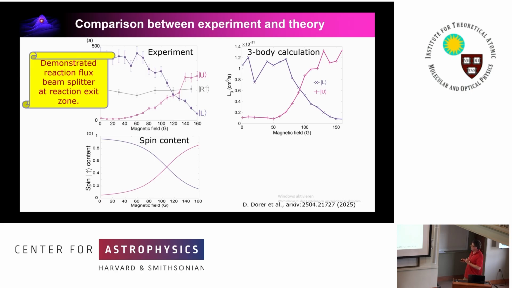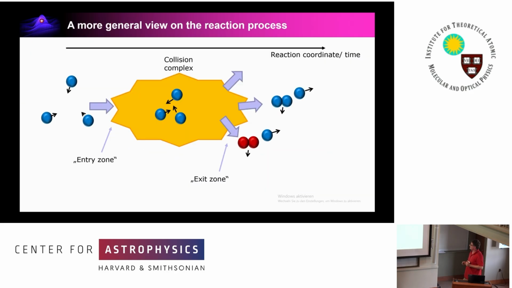José can explain it. But I would say we have a nice qualitative agreement and to a good part also quantitative. It's not perfect, but that's because this problem is really complicated. In the end, it's a three-body problem, not just a two-body system.